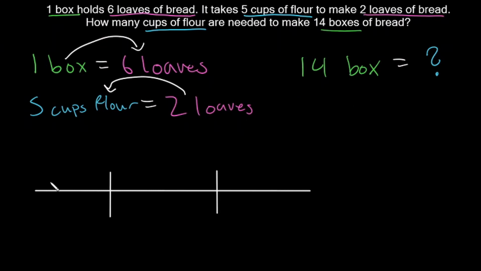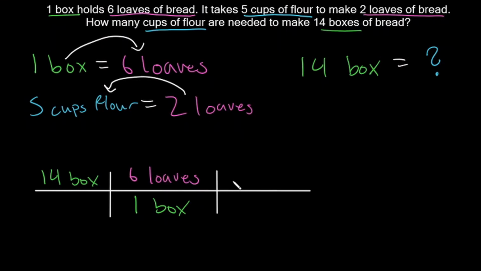So we are given 14 boxes. So let's start with that. 14 boxes. Now the conversion factor we have with boxes is 1 box is equal to 6 loaves. So we need to put our 1 box on the bottom here. So our boxes will cancel. And then put loaves on the top. So now if we just evaluated this, our answer would be in loaves.